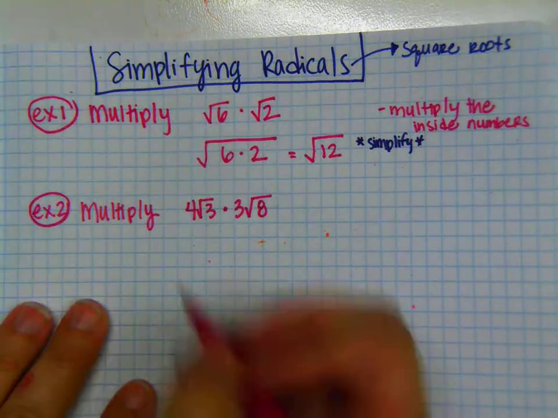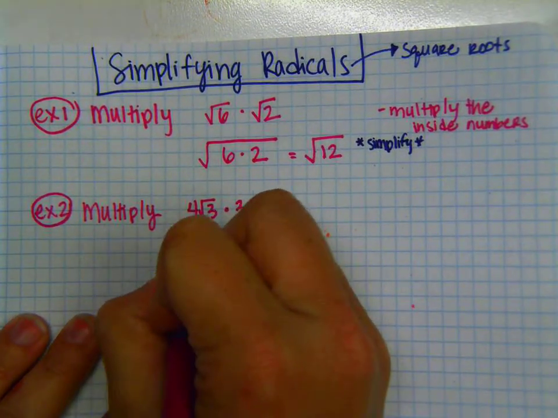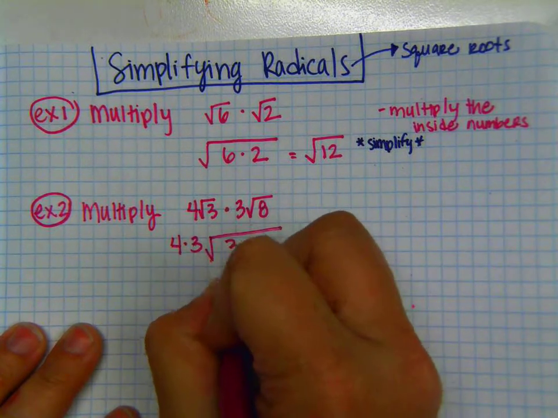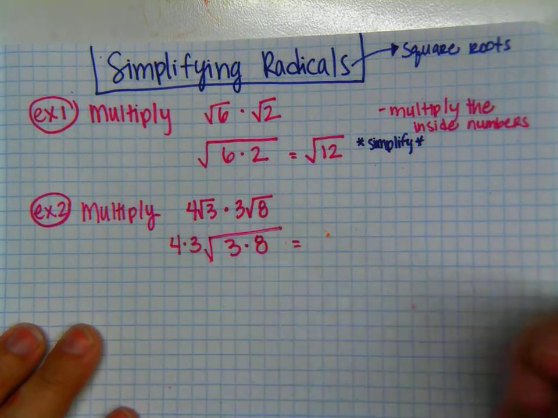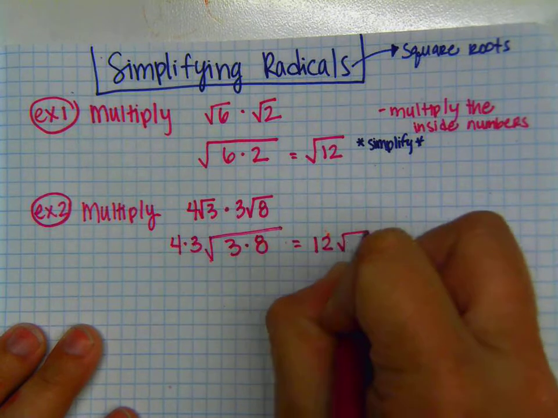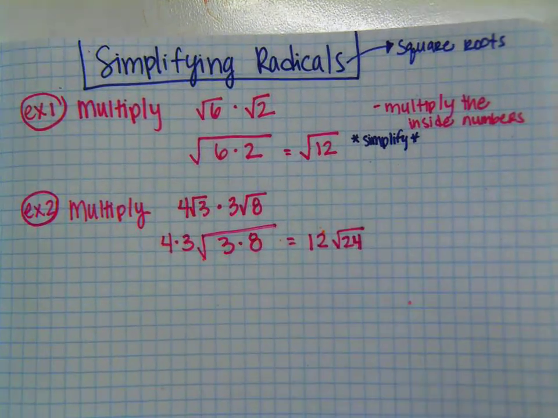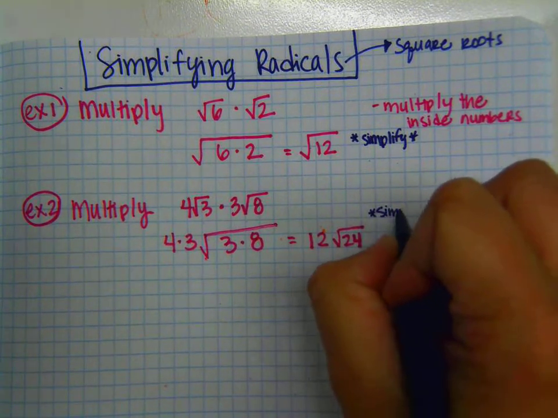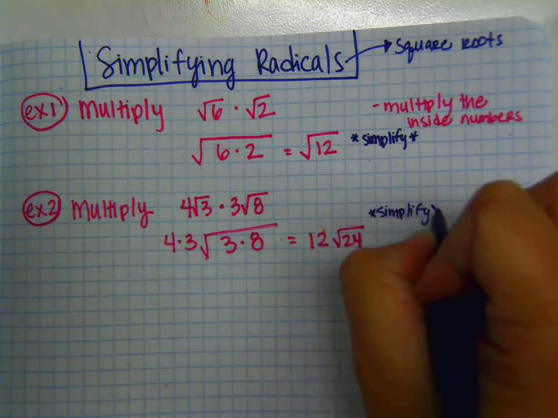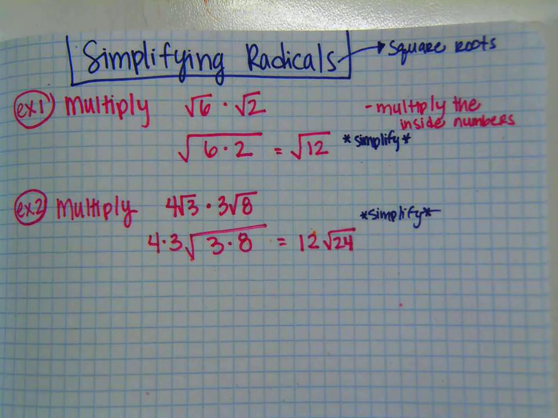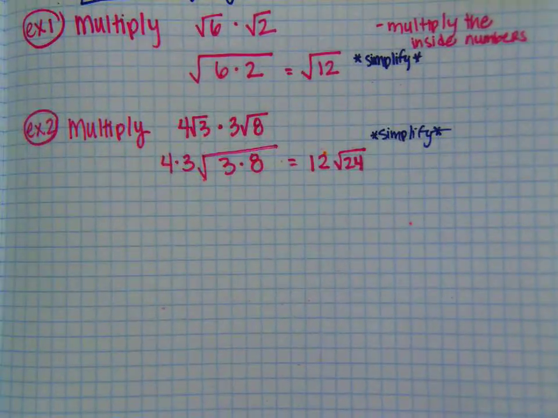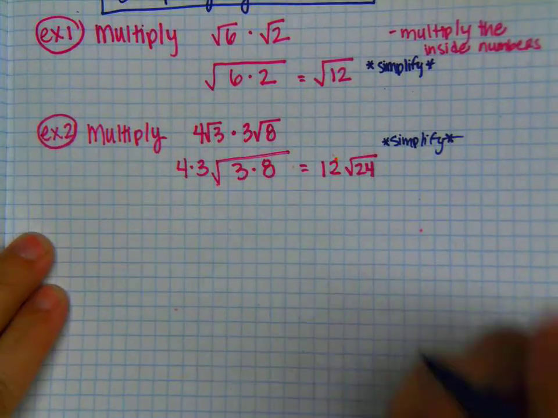So we're going to do 4 times 3, because those are the outside numbers, times the square root of 3 times 8, which will be 12 root 24. And again, that's not done yet, so let's write an asterisk, because we need to simplify that. At the end of the notes, you'll come back and simplify that. So that's multiplying. Pretty easy, straightforward. Now we're going to move on to simplifying.